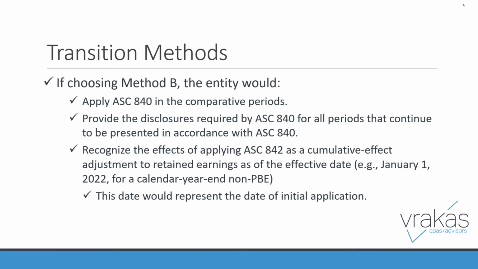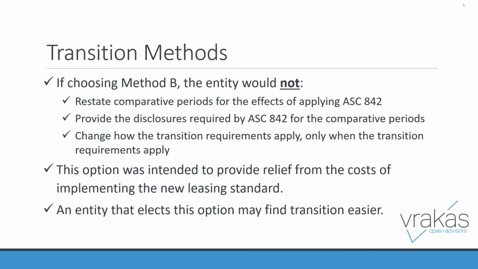You would provide the disclosures that are required under ASC 840 for that comparative period. You don't have to go back and include the disclosures under the new standard. And then you would recognize the effects of adopting ASC 842 as of the period of adoption, so as of 1/1/2022. You would not need to restate 2021.